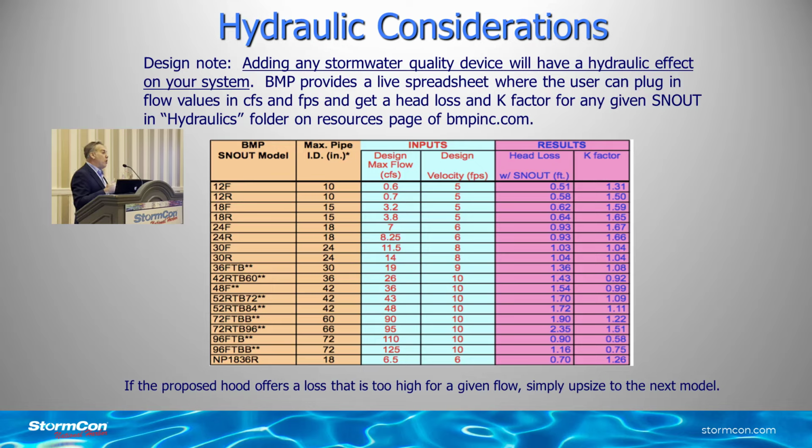So if you want to know what the impact is going to be, that's something that we can provide for you, which is a lot different than many other systems that are out there. You're going to slow down the water a little bit, and if you want to improve water quality, that is important, but you also don't want to flood everything upstream. So it's important that we know what the hydraulic considerations and impact on the system are.